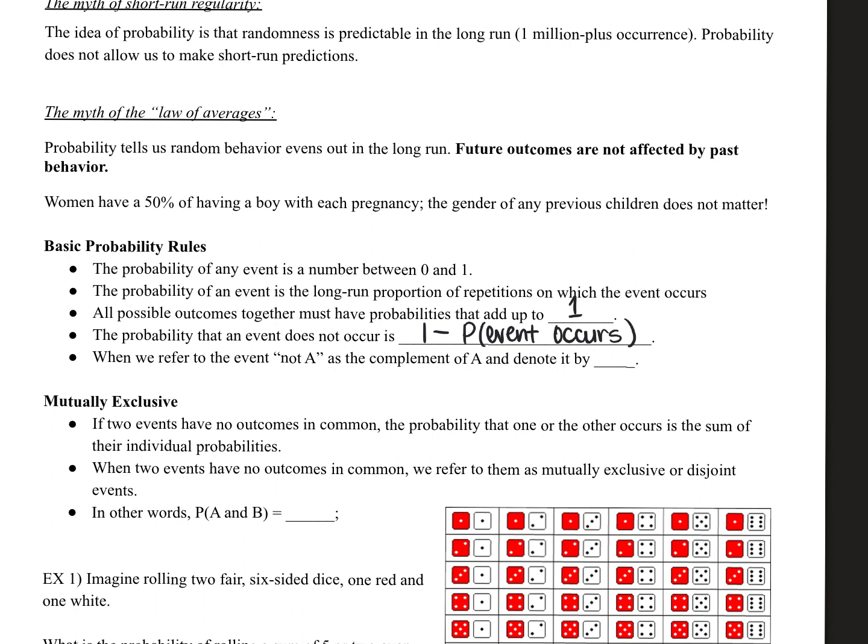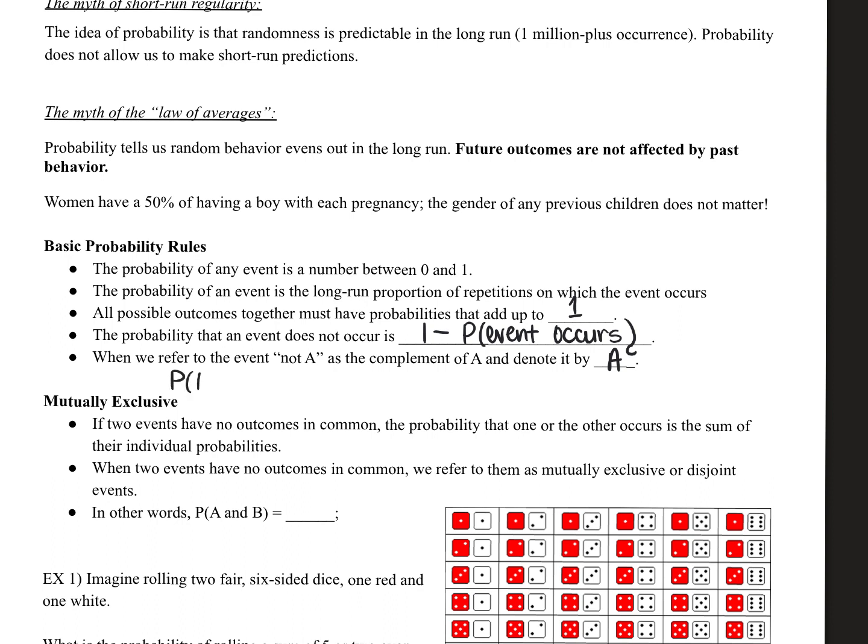So when we refer to the event not A, or an event not happening, it's called the complement, and we put a little exponent C. So a little rule here.